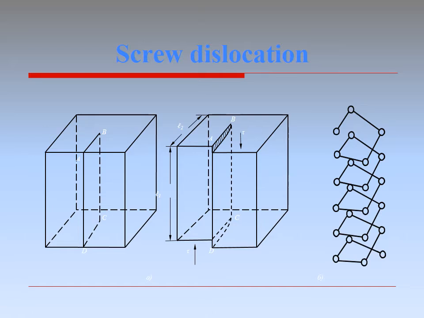Form to which such a shift step on the upper face doesn't pass through the entire width of the crystal, ending at the point B.